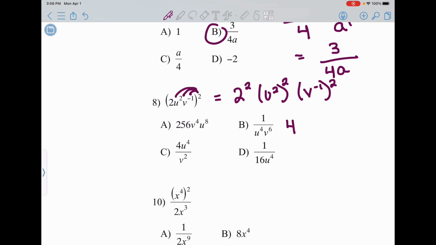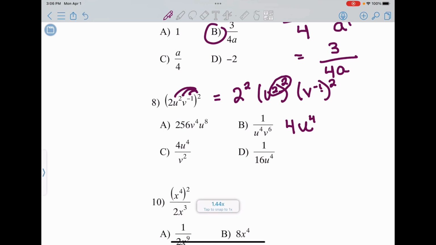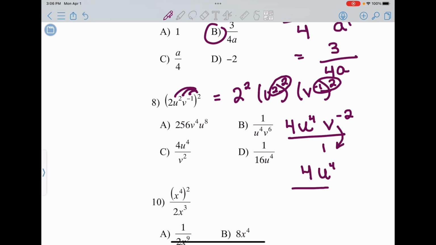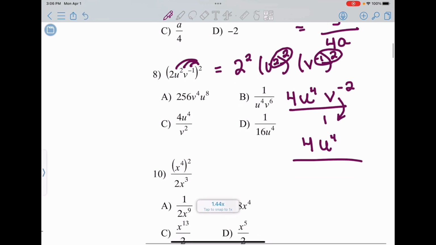When I raise a power to a power, I multiply them together. So this will be u to the power of 4. And negative 1 times 2 will get me v to the power of negative 2, which I need to send to the denominator because it's a negative power. And this will leave me with 4 u to the power of 4 over v to the power of 2, which is C.